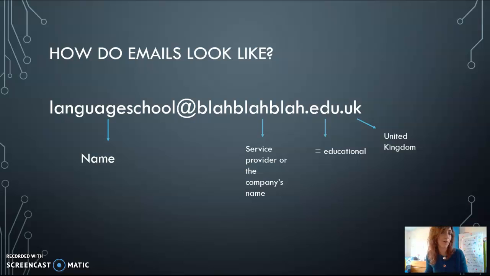If we find gov, it stands for government. If we find co, it stands for commercial. So it depends on what kind of service we are using. UK stands for United Kingdom. If we find, for example, IT, it stands for Italy.